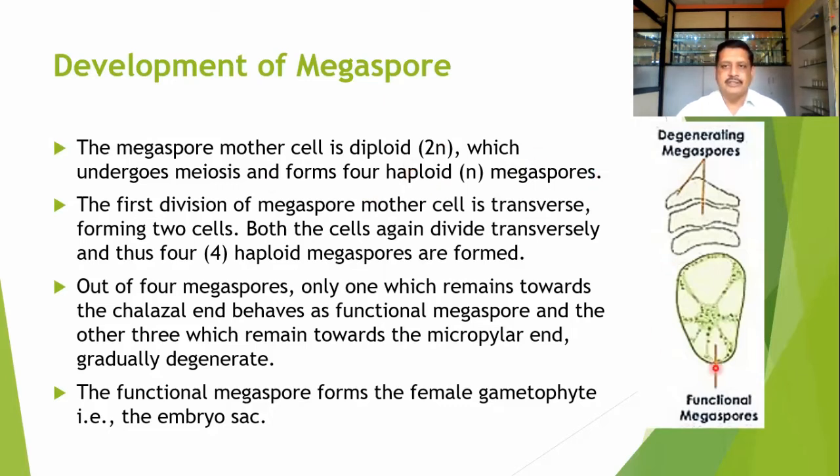This diploid cell gives 4 haploid megaspores. Out of these 4, only one remains at the chalazal end and behaves as the functional megaspore, and the others, toward the micropylar end, gradually degenerate.